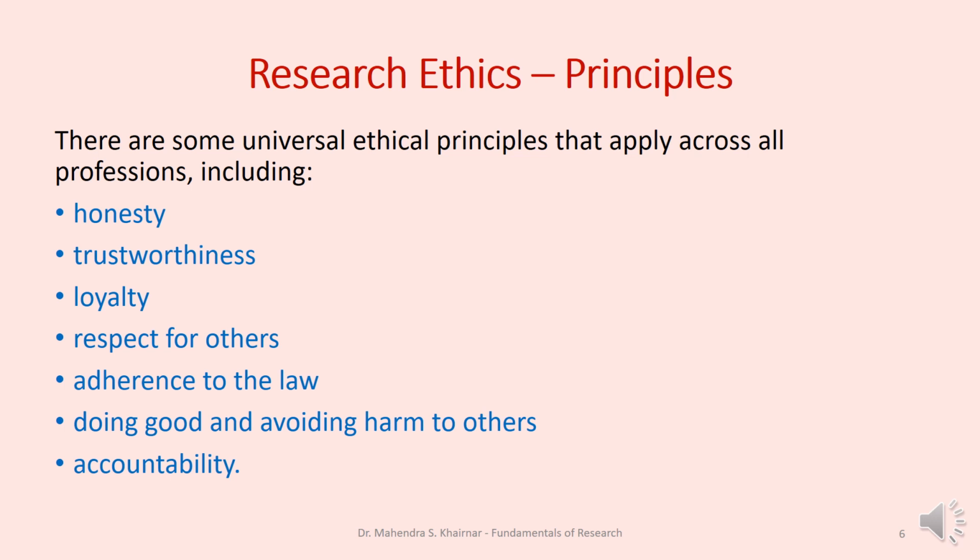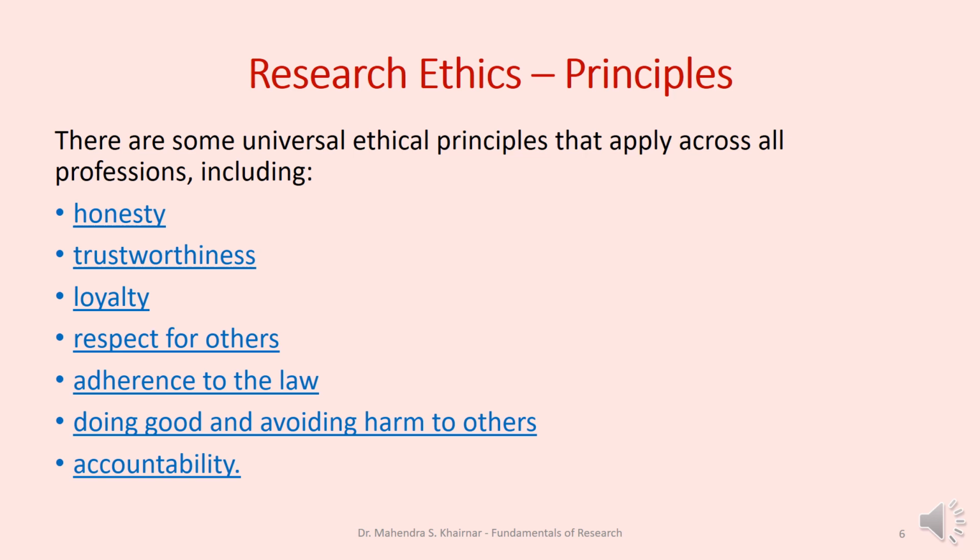Many principles have been evolved as research ethics. There are some universal ethical principles that can be applied across all the professions, including honesty, trustworthiness, loyalty, respect for others, adherence to the law, doing good and avoiding harm to others, and accountability.